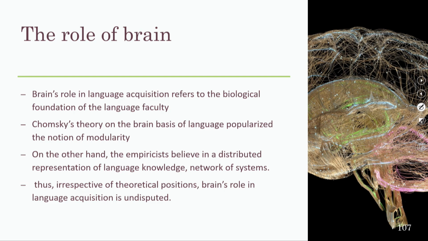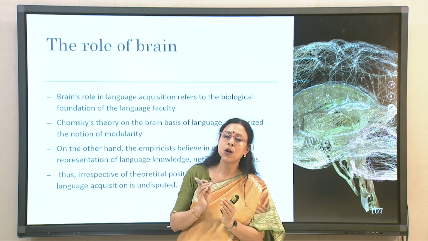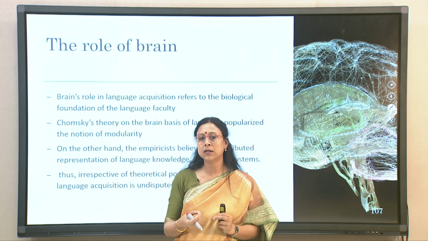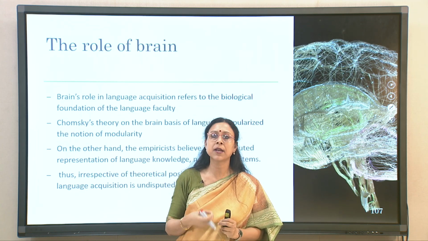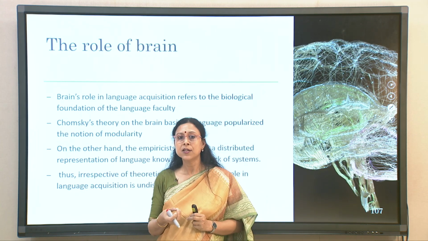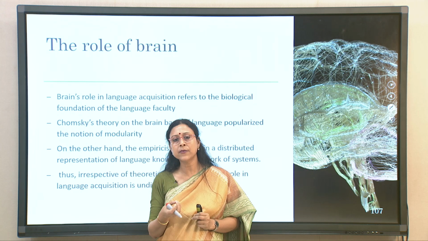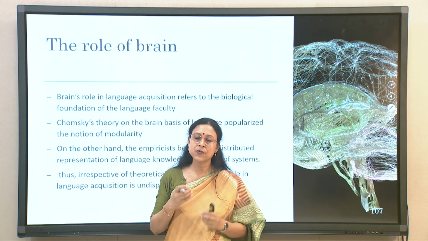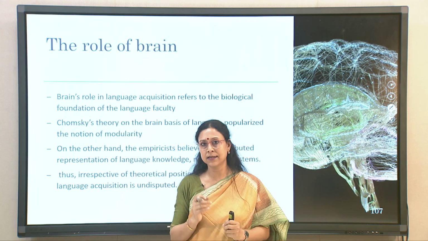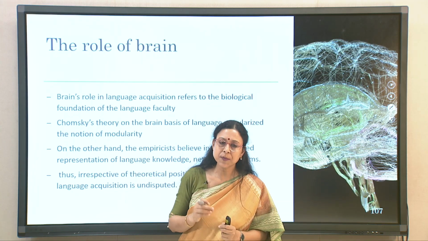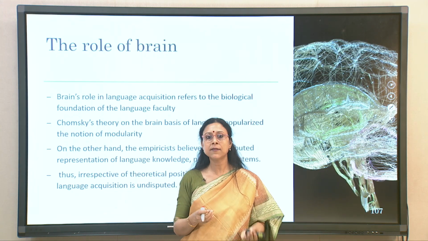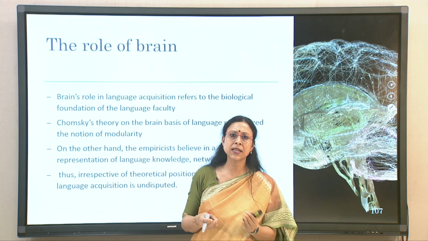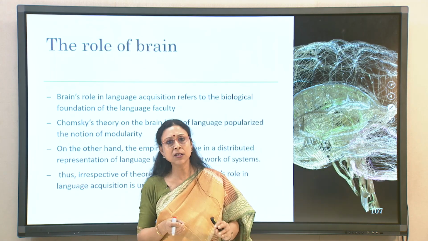That the brain has specific areas designed for using language, producing language, understanding language and so on. So, it is a modular structure which has not much give and take with the other mental functions. Each function is kind of segregated, that is the idea of modularity. So, Chomsky popularized these two things, the biological foundation of the language faculty and the notion of modularity, along with Fodor and others. This is on the one side.